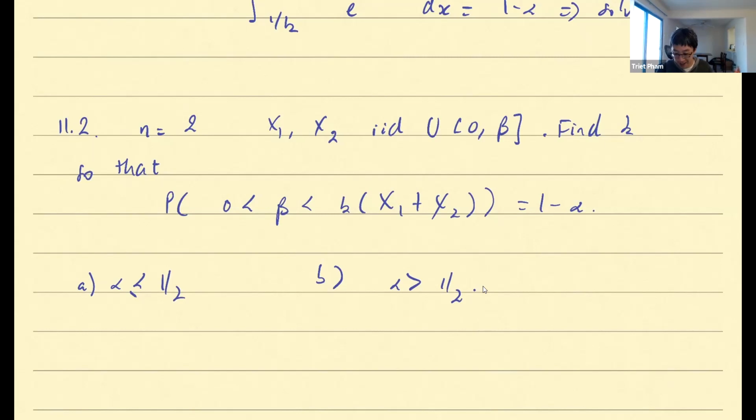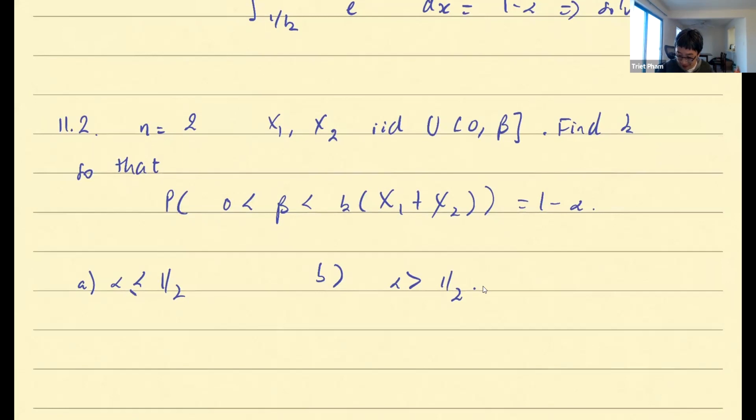I'll tell you that. Joint PDF of what? Of this? Because they're independent, it's just 1 over beta square, for X1, X2 less than beta. That's not hard. Yes, you need the joint PDF somehow, but that's not the point even. What do you need?